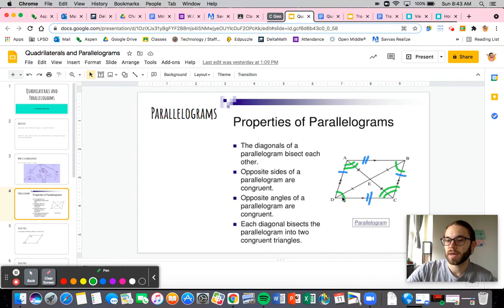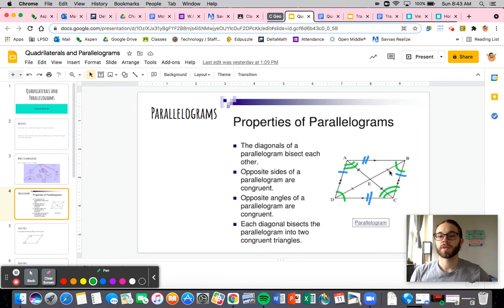Because this part and this part are congruent, and this part and this part are congruent, we can say that consecutive angles are supplementary. You can do it all out. You know that all 4 angles have to add up to 360. So these 2 are the same, these 2 are the same. So that essentially means that this one plus this one is 180, or this one plus this one is 180, or this one plus this one is 180.